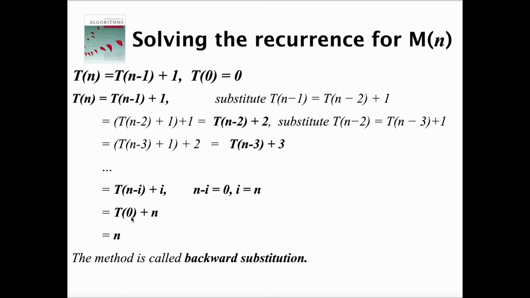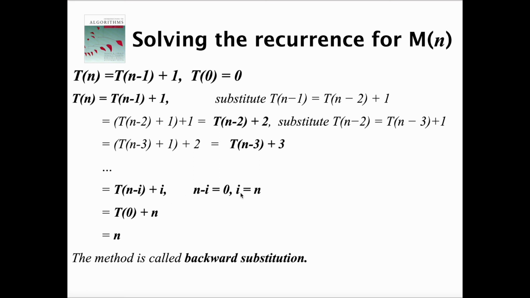Okay, so the next thing to do is to identify for which value of i maaabot yung base case. So, for n minus i equal to 0, we can solve i in terms of n. So, we have i equal to n. So, in this case, we can simply replace this part by replacing the evaluation of t of 0 by using the base case, 0 plus the value of i based from what we computed here.